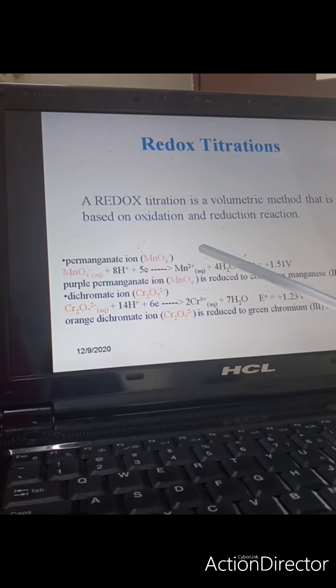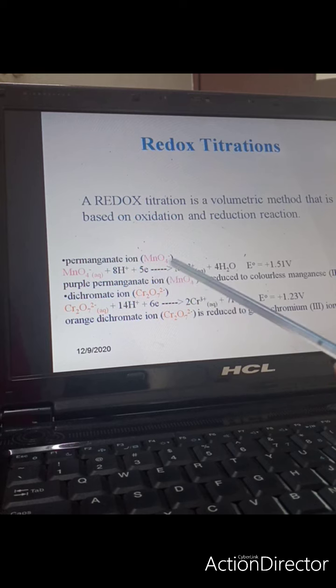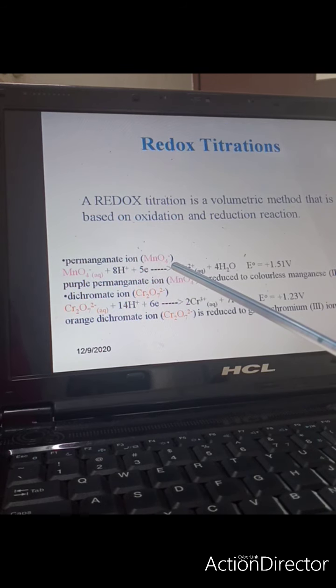For example, KMnO4, if you see, is purple in color when you are taking it in the burette. So when the titration proceeds, this purple permanganate will be reduced to manganese, and this is colorless. So we don't have to add an indicator. Automatically with the progress of the reaction, the color is changing, that is from purple to colorless.